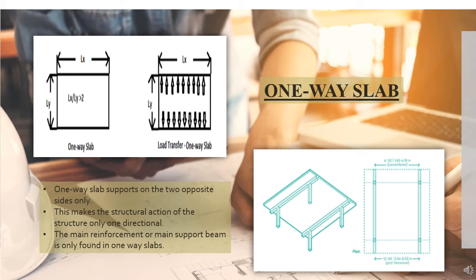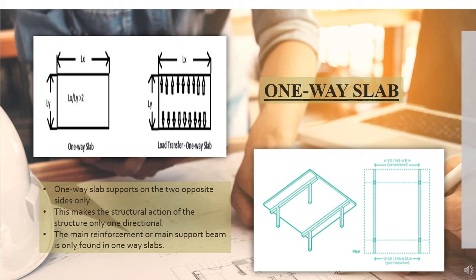A one-way slab can be identified if it is supported by all four sides, then determine if the ratio between the longer span and shorter span is more than 2. If it is more than 2, then the slab is one way. The support will be found along the longer span.